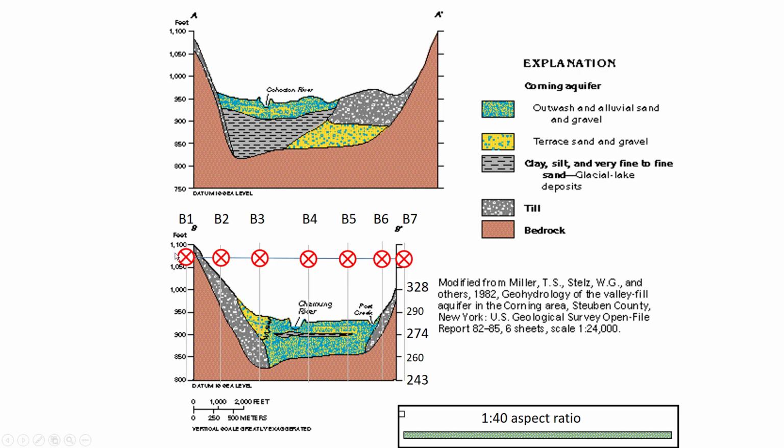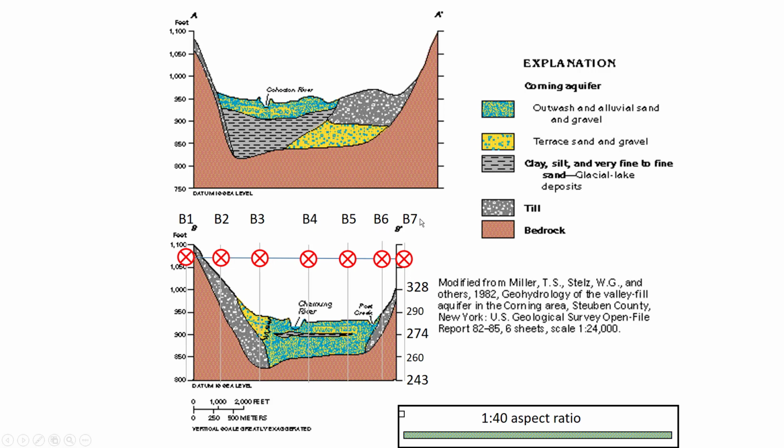Also, the cross section is given in elevation in feet, and the vertical datum that we'll use in GMS is in meters. So on this side, I've got the scale in meters. And so I put in these locations for borings, and I labeled them here.